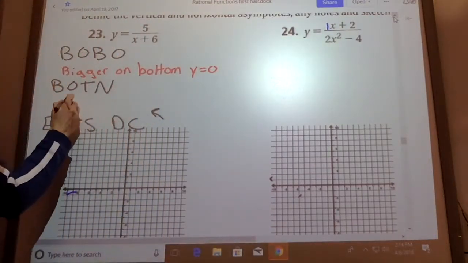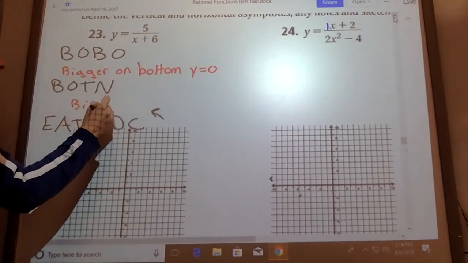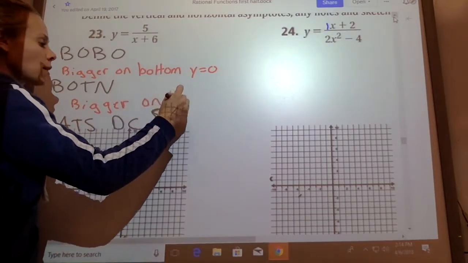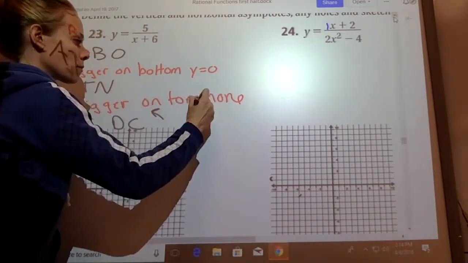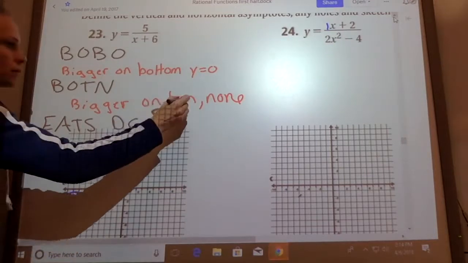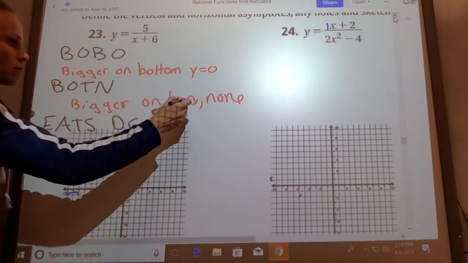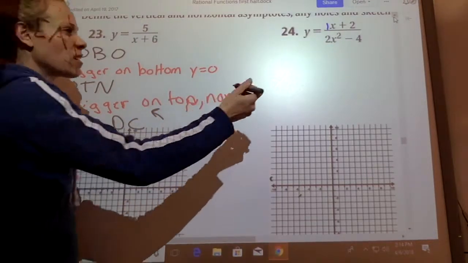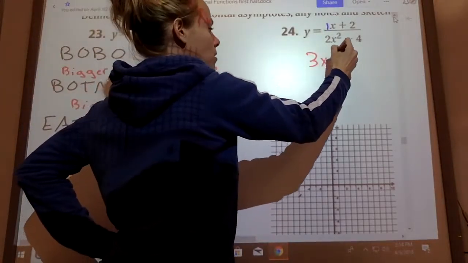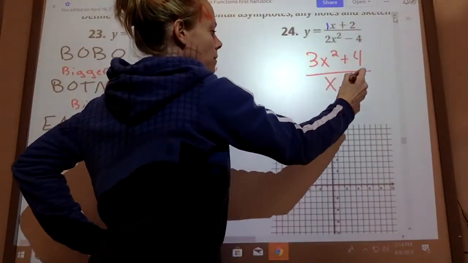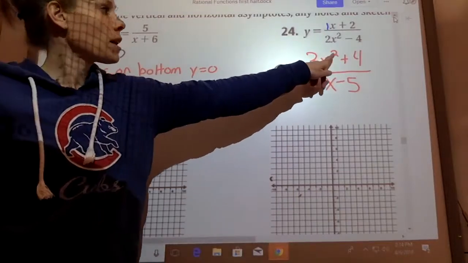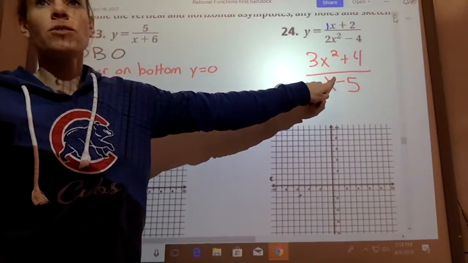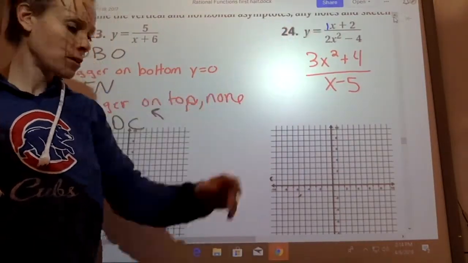If it's bigger on top, it's none. You don't have one. So what does that mean, bigger on top? If I had 3x² + 4 over x − 5, the top has a degree of 2, the bottom has a degree of 1. It's bigger on top.